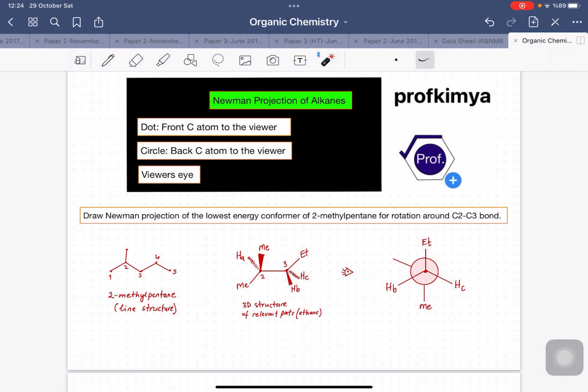Methyl facing us will be on our left. Hydrogen A will be on our right. That's it. This is the Newman projection of the molecule.